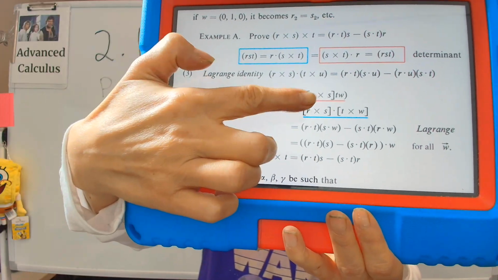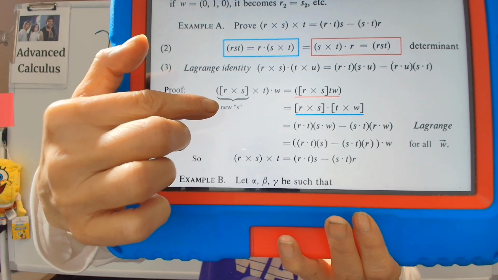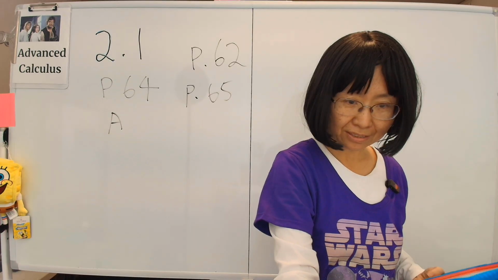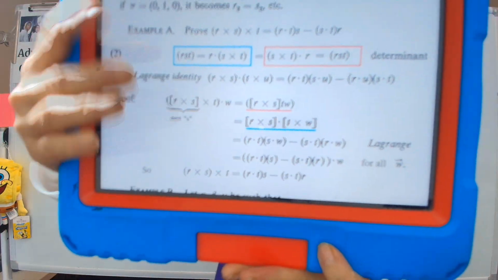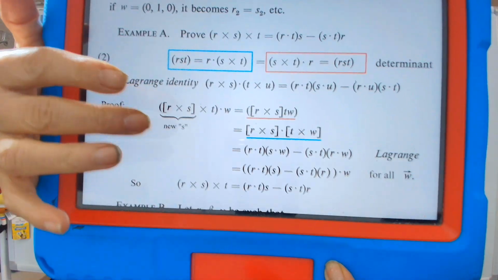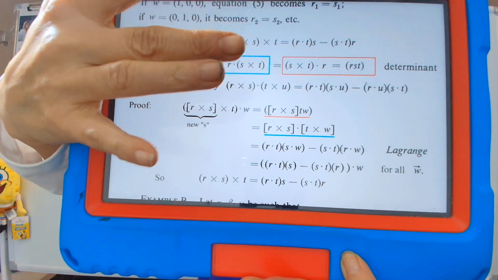The first vector will be R cross S. Is it a new S or new R? Let me check. Did I write that right? Okay, it is the new S in the formula. That is, we'll put this as the S in the red box, so S cross T, and then W will be the new R.